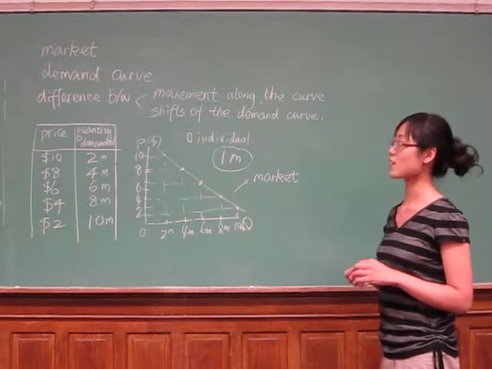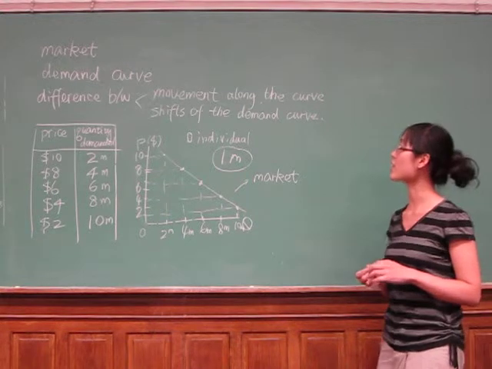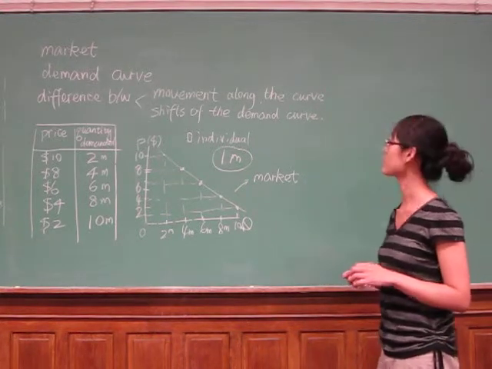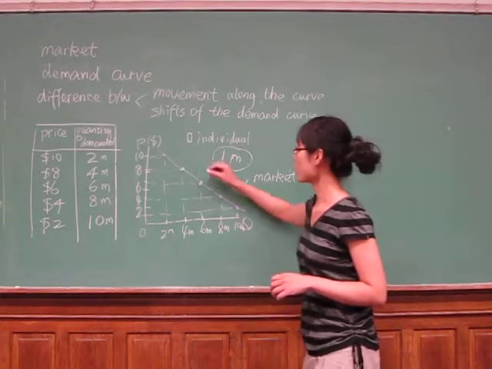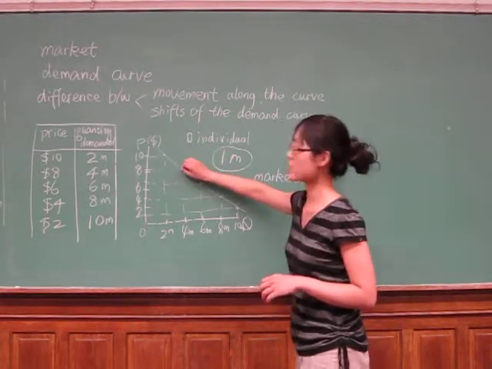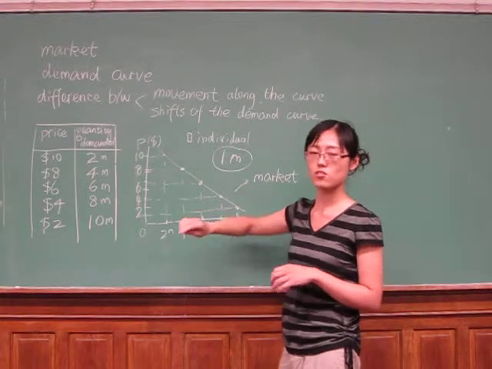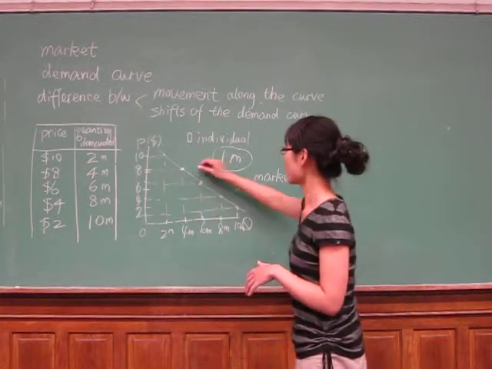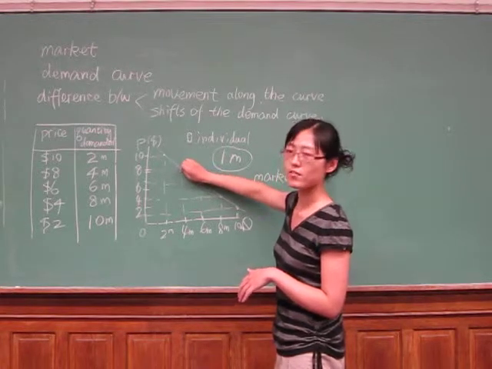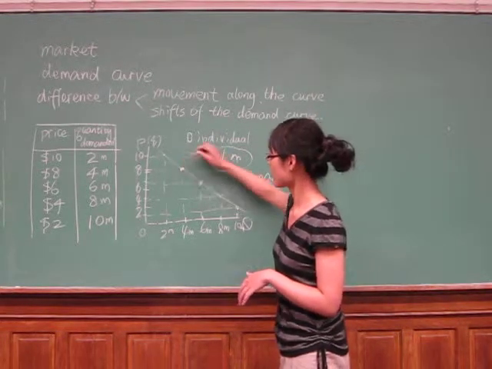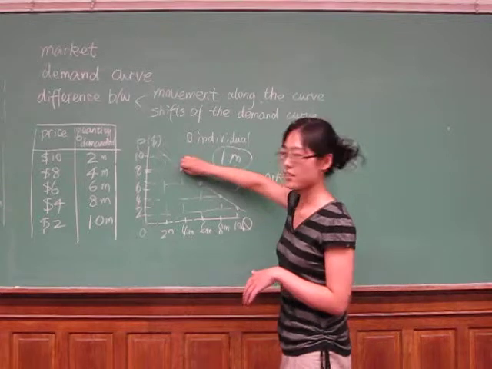Okay. Next, I will talk about the difference between movement along the curve and shift of the demand curve. Movement along the curve is only related to the change in the price of that good. For example, yesterday the price of a cup of coffee was $8, so the point is here.